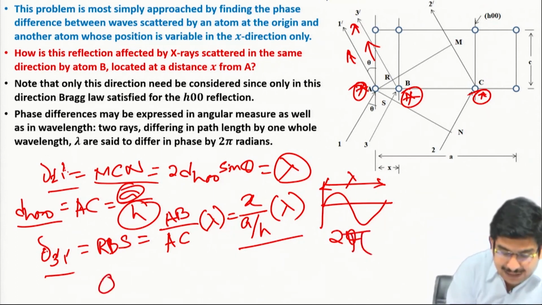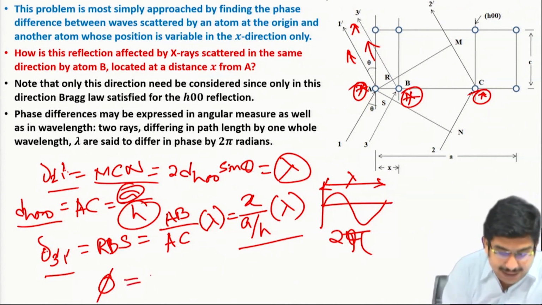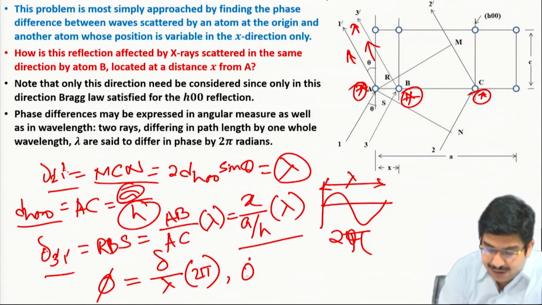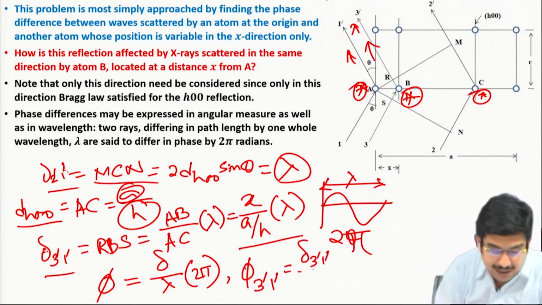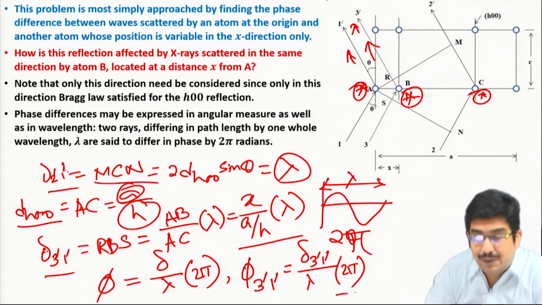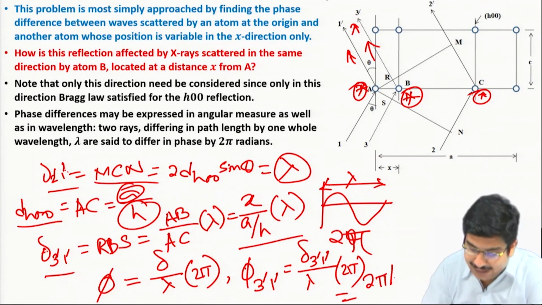So if we put the phase difference in angular terms, we get the path difference by lambda, into 2 pi. Specifically, the phase difference between the 3 bar and 1 bar rays will be delta 3 bar 1 bar by lambda into 2 pi.